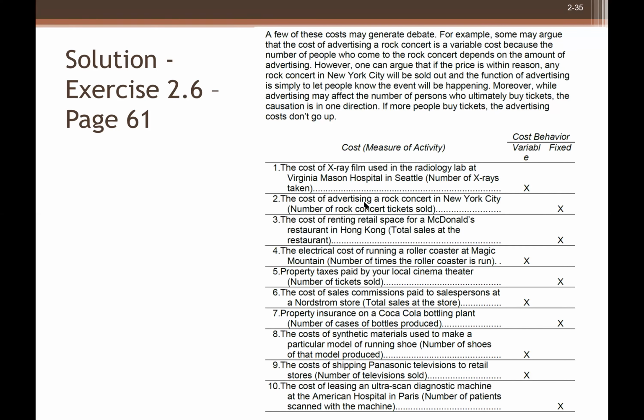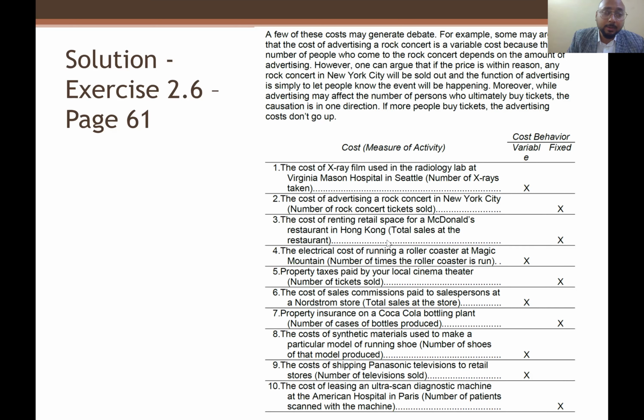Second, the cost of advertising. The cost driver is the number of concert tickets sold. Whether the advertising is done or not has nothing to do with the number of concert tickets sold, so it is fixed. Third, the cost of renting retail space for a McDonald's restaurant in Hong Kong, of course fixed.